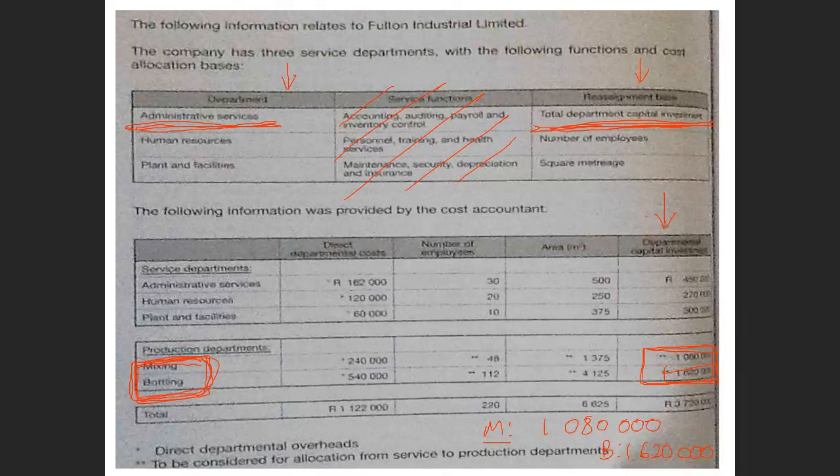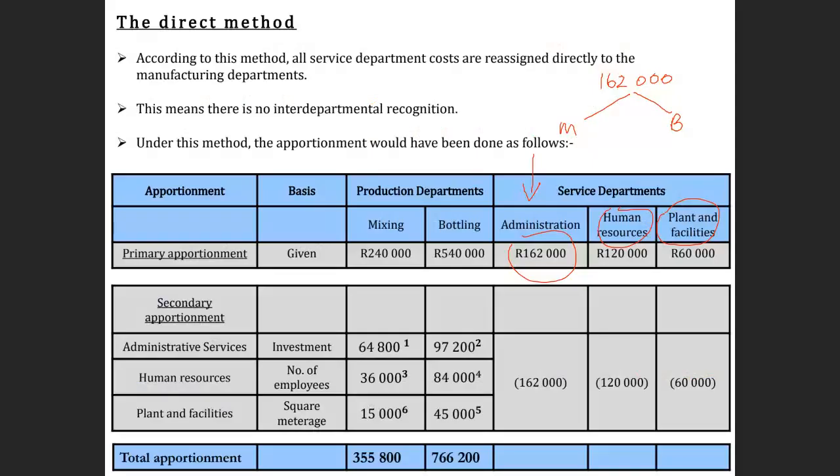Okay, so like I was saying to you here, because we're looking at splitting the 162,000 Rand between the two production departments, which is mixing and bottling, we need to know of the 162,000, how much gets allocated to mixing, how much gets allocated to bottling.